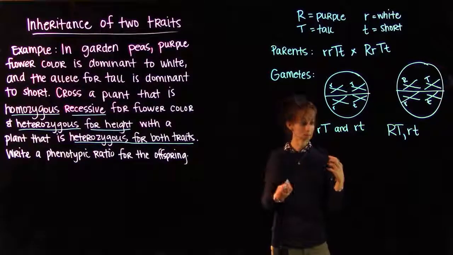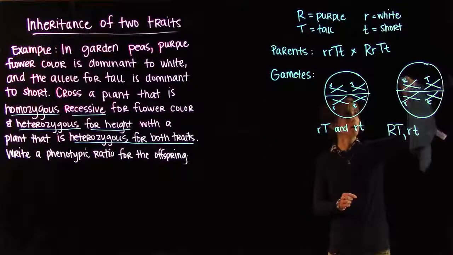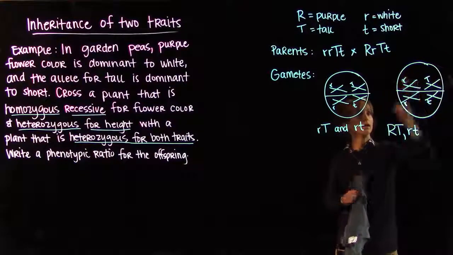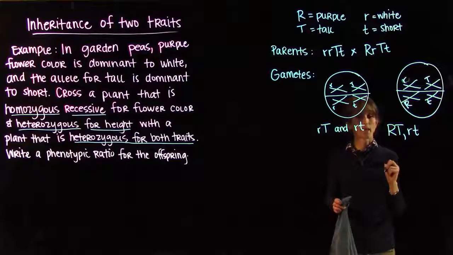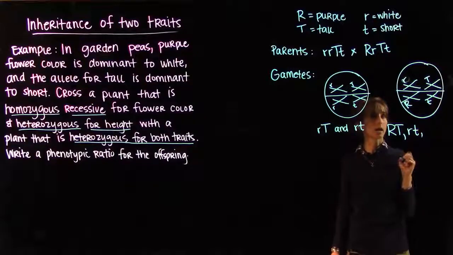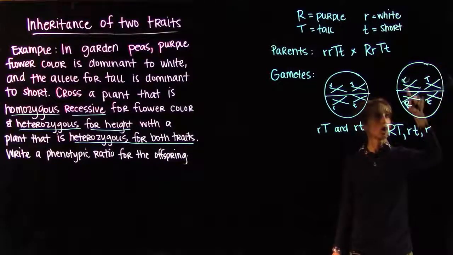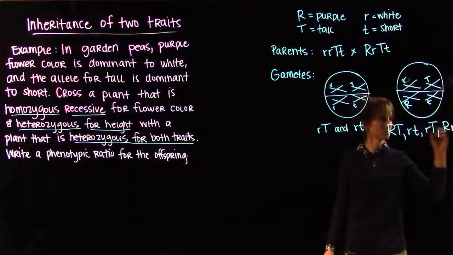So it's possible that we could have had the little r end up on this side and the big R on that side, and that would give us two different combinations, so we have to account for all of these. So little r with a big T, and lastly big R with a little t.